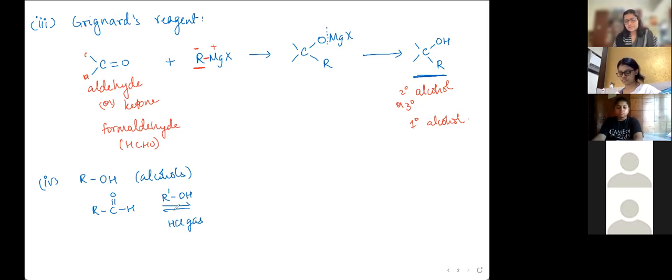Again, this is nucleophilic addition. So what do you predict? Before you predict the product, in the alcohol, which side would be R plus, O minus? It breaks down as R dash O minus and H plus. Yeah.